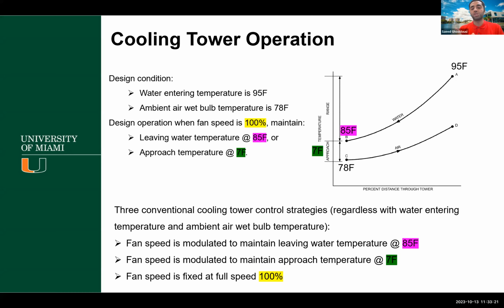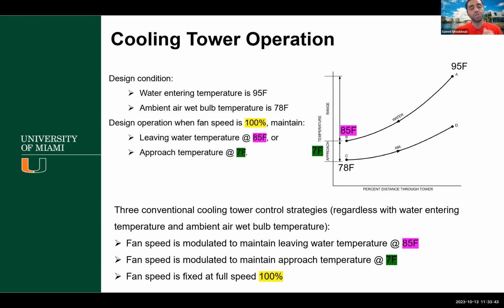this is a conventional way to control the cooling tower operation. We have 3 conventional controls. First, the fan speed is modulated to maintain the leaving water temperature at 85 degrees, right? This is a conventional fixed leaving water temperature at 85.